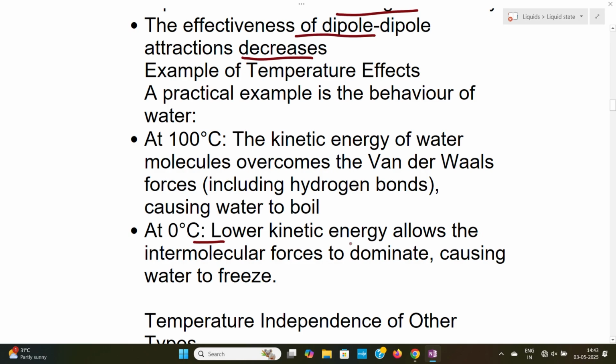But at 0 degrees Celsius, the kinetic energy is less. Because of the lower kinetic energy, the intermolecular forces will dominate, which will cause water to freeze.